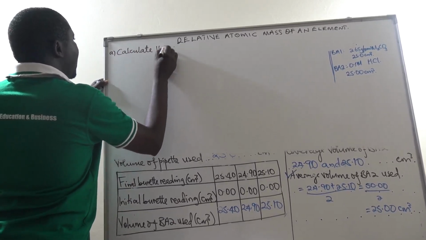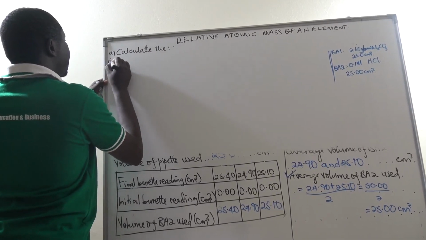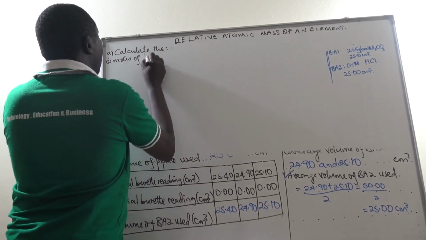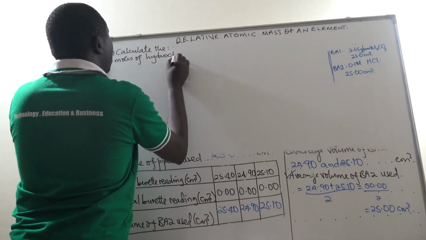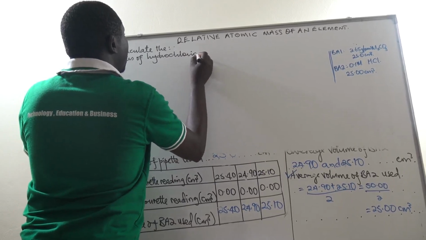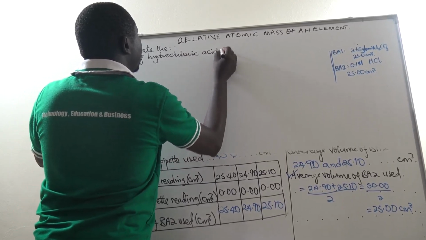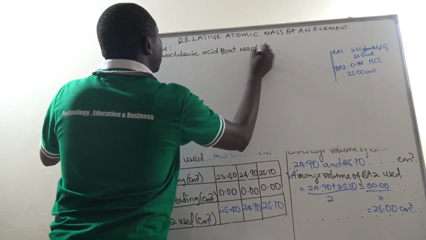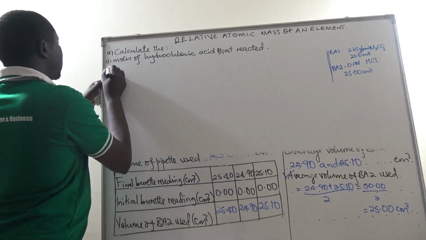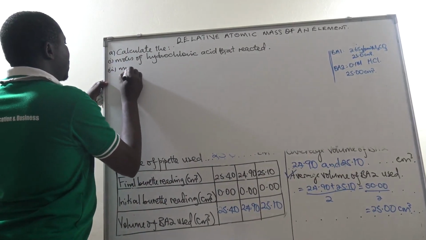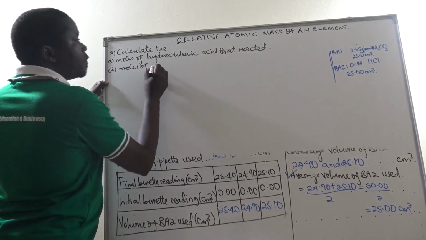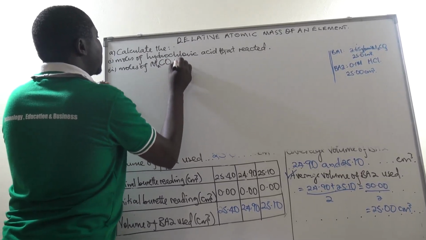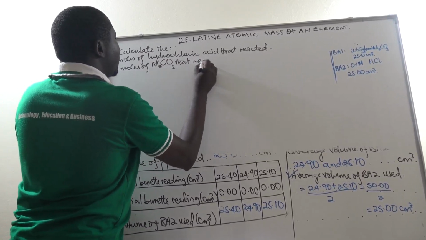Calculate 1, the moles of hydrochloric acid that reacted. 2, calculate the moles of M2 carbonate that reacted.